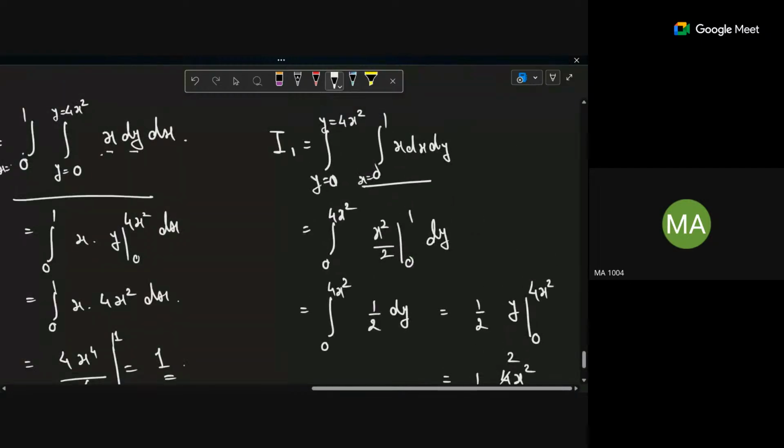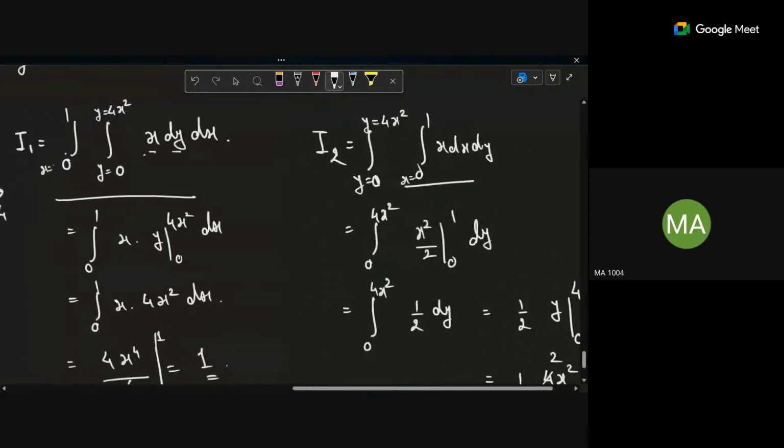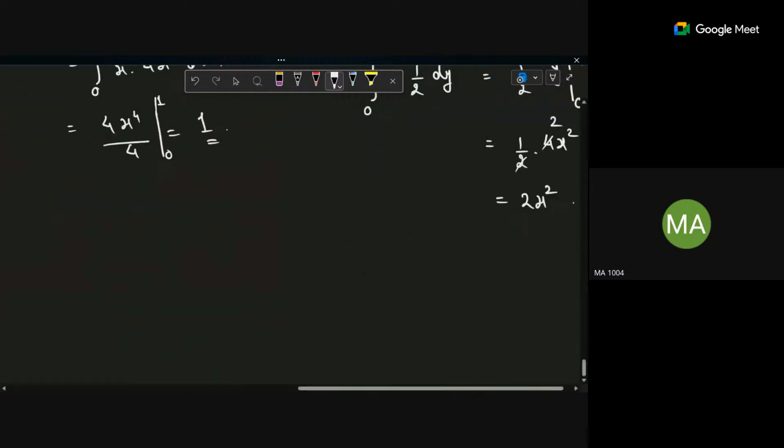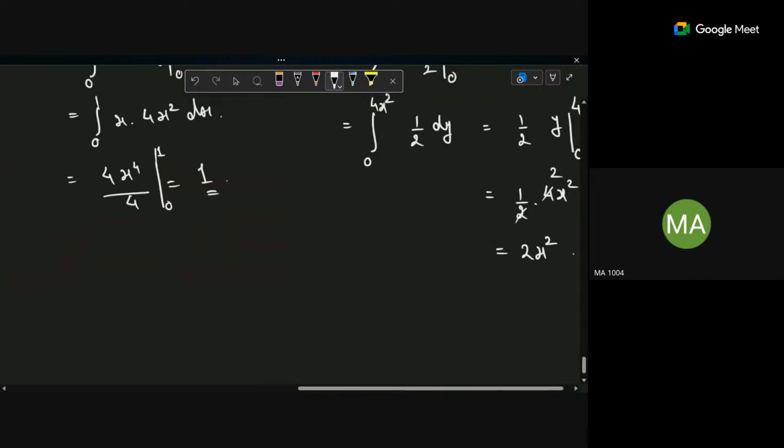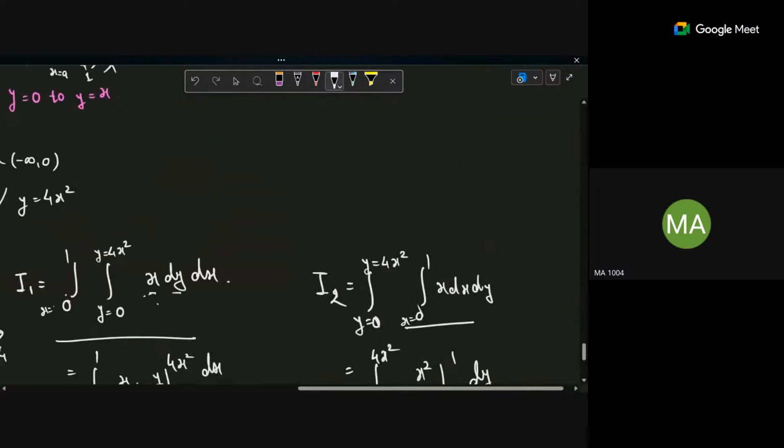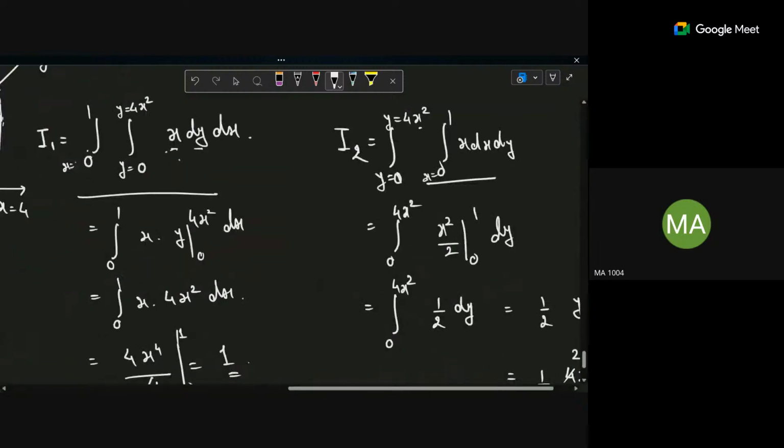Now did you get that I1 and I2 are almost the same, x dy dx or x dx dy, and x is also continuous, but still once you replace the limits, it's not working. They are not giving the same answer, right? Even though you had the limits of x, you are still getting the answer in terms of x. So there are some rules actually. This is what we call double integrals.